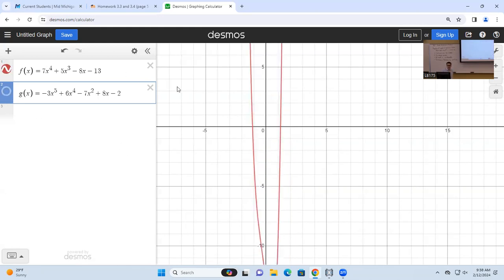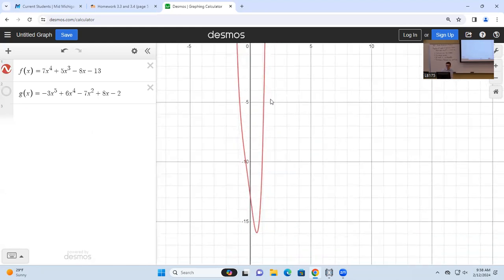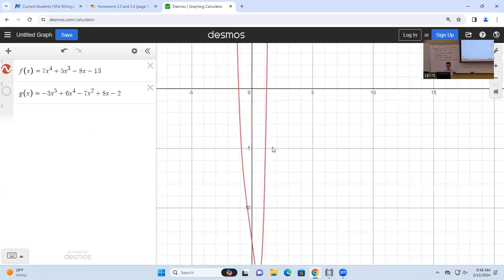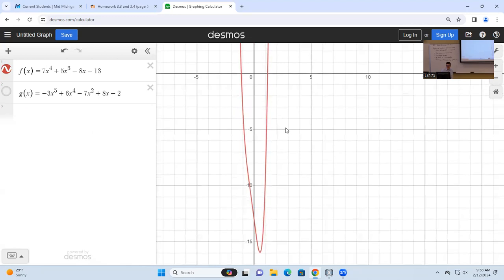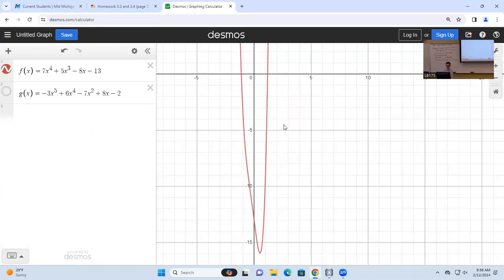Let's take a look at the first equation that I had. Again, here's the interesting section. We have 7x to the fourth plus 5x to the third minus 8x minus 13. You'll see this one has two x-intercepts.